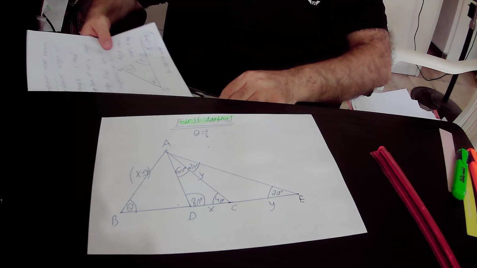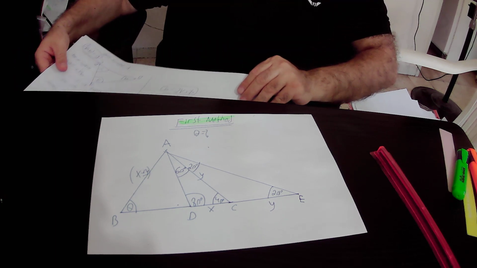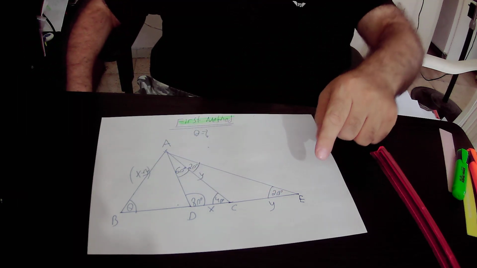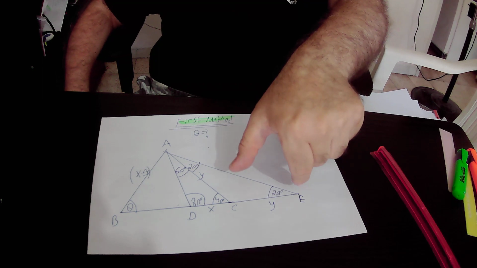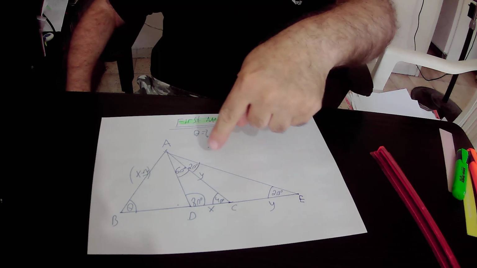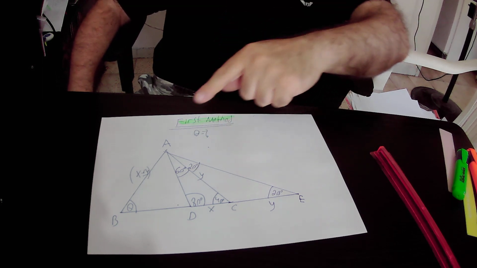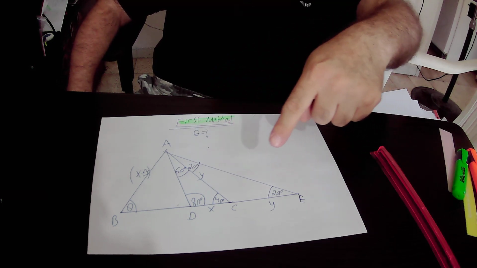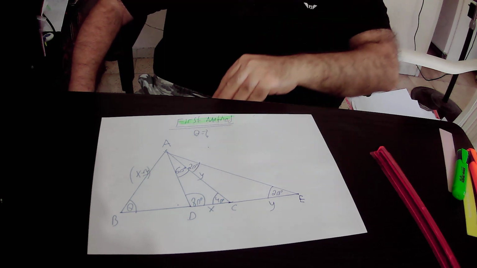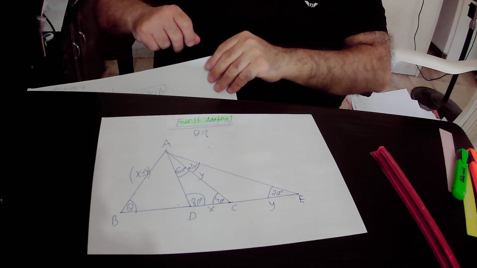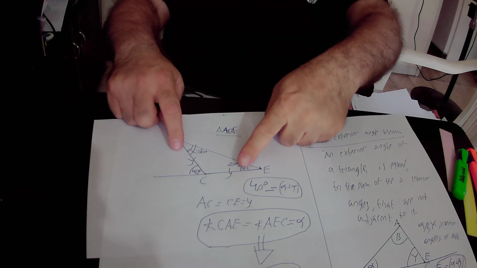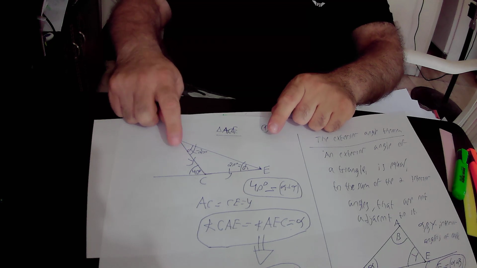Okay, so in the first method we did the construction. We extended side BC by a straight line in such a way that CE will be equal to y. Then we joined points A and D together by a straight line, and this way we created triangle ACE. Triangle ACE is an isosceles triangle. Why? Because those two sides are both equal to y, therefore they are equal to each other.